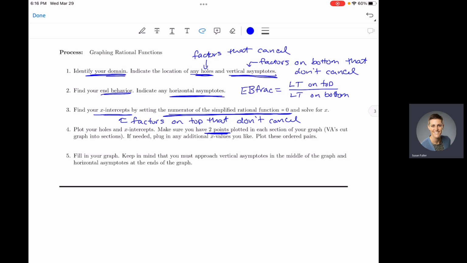It's also going to help you fill in the graph if you have to do it by hand. To do that, you can pick any x values that you like wherever you need them, plug those x values into your simplified function, and then get those ordered pairs and plot them. And then you're going to connect your dots and go to your asymptotes. That's how you're going to fill in your graph.